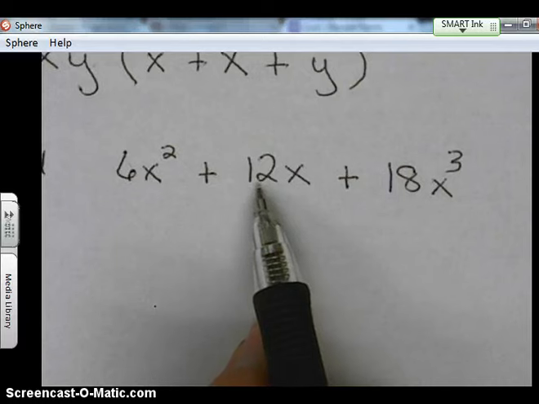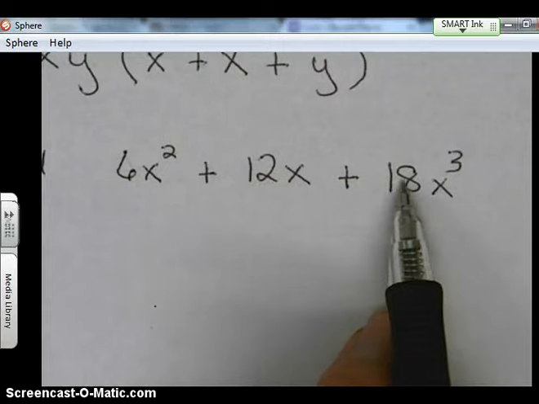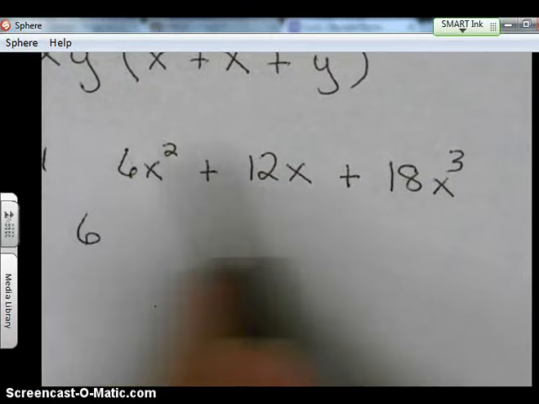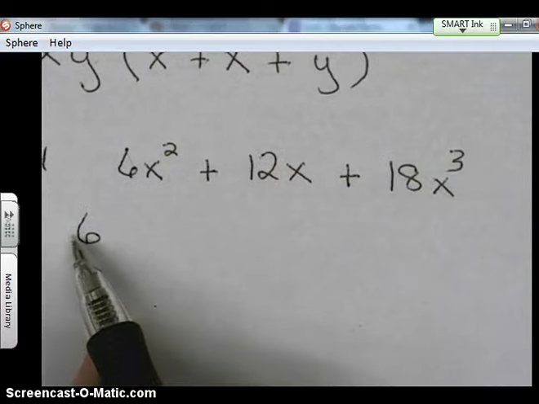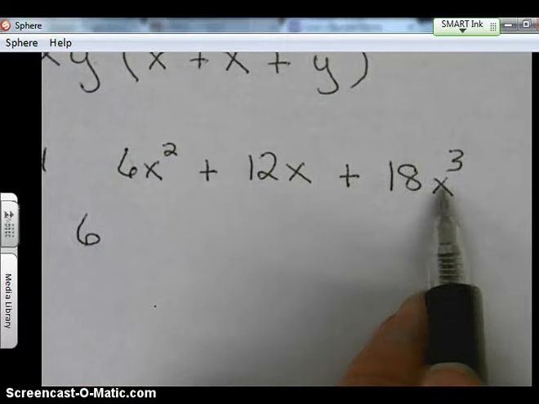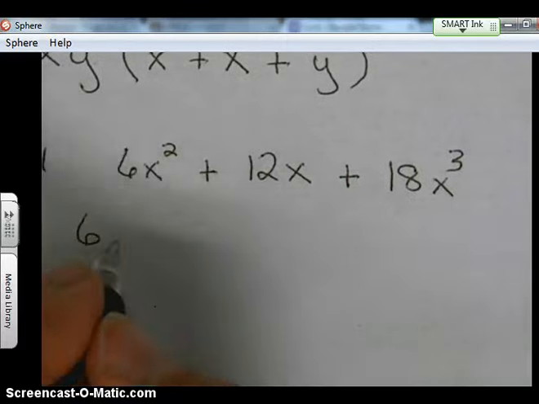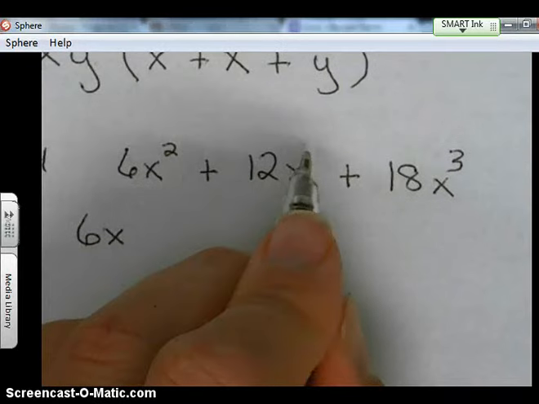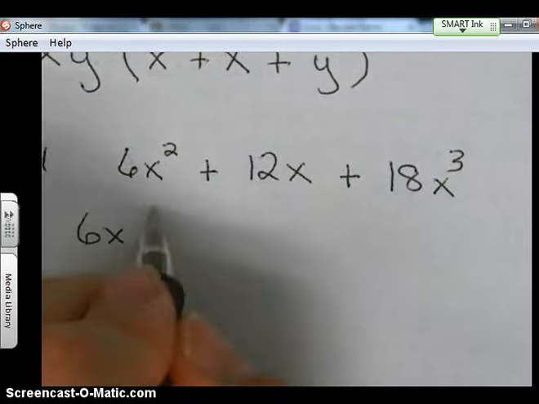We want to go with the largest common factor, which in this case would be 6. 6 goes into each of these evenly, so 6 is the greatest common factor. Now notice that they all have a variable in common, an x. So remember, we go with the smallest exponent. So we're going to factor out just x.